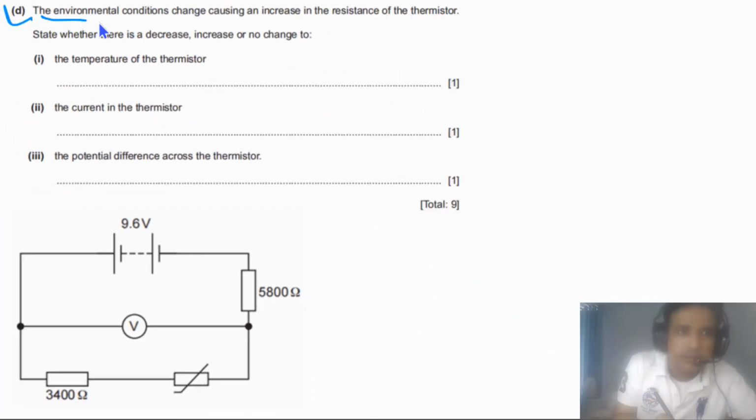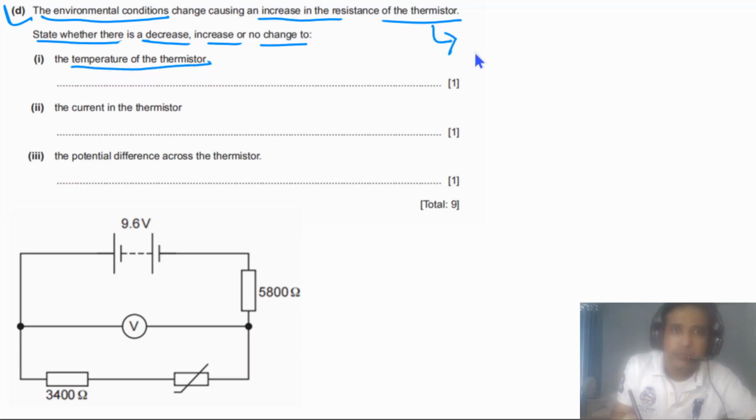Part D says the environmental conditions change, causing an increase in the resistance of the thermistor. State whether there is a decrease, increase or no change to the temperature of the thermistor. For this question it is given to us that resistance of the thermistor increases, so temperature has to decrease. And if resistance of thermistor decreases, it means temperature will increase.